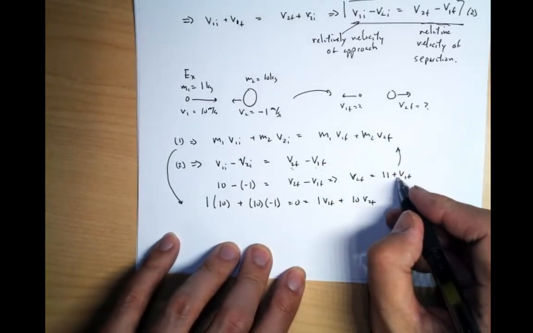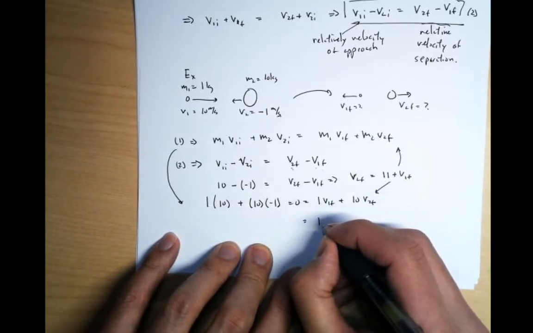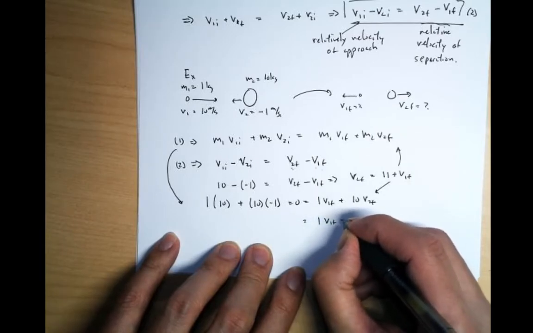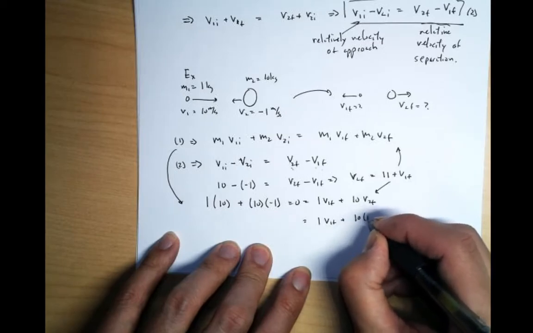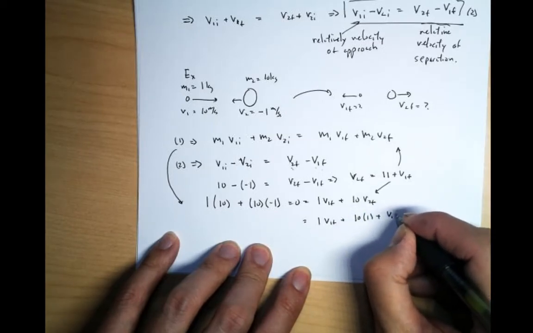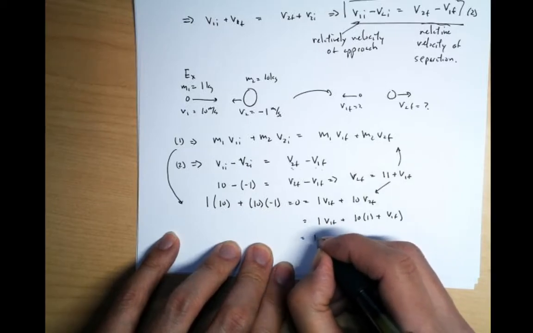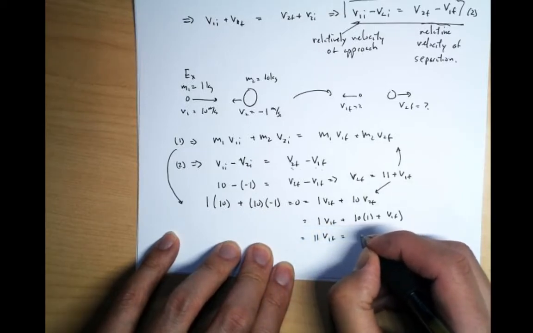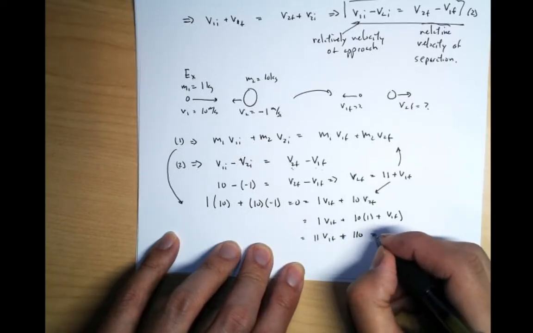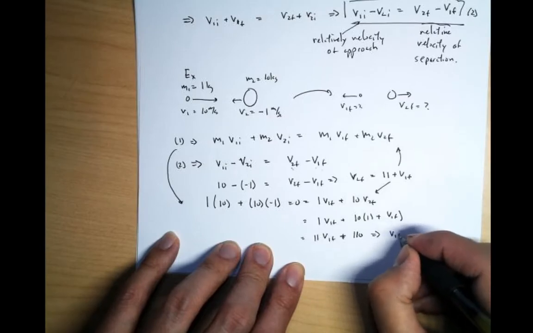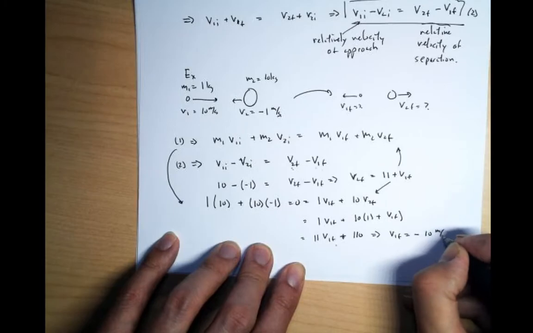Well, I know that V2F is 11 plus V1F, so plug it in: V1F plus 10 times (11 plus V1F). So this is just 11 V1F equals minus 110, which implies that V1F is equal to minus 10 meters per second.